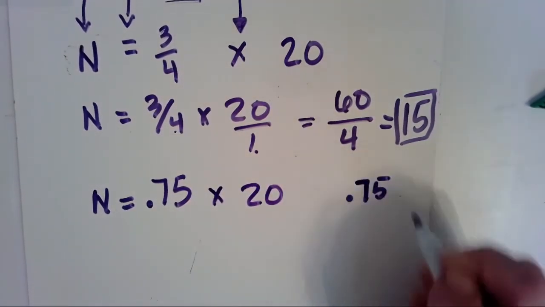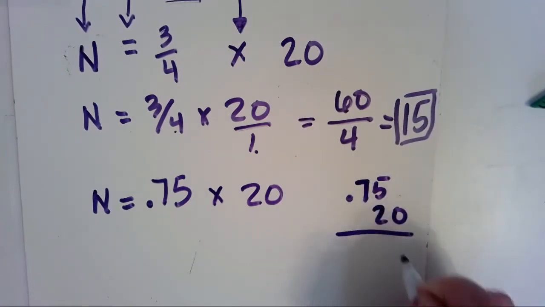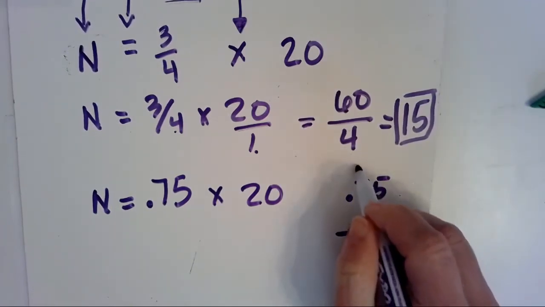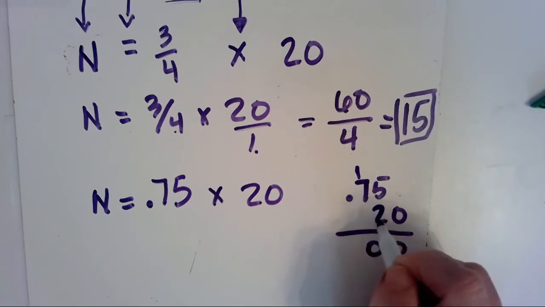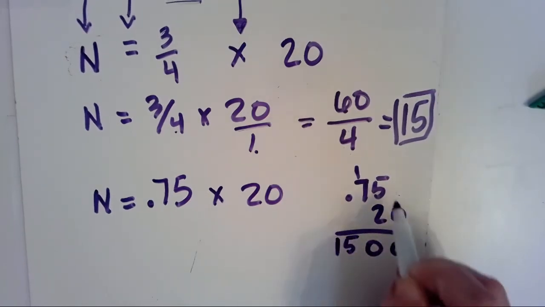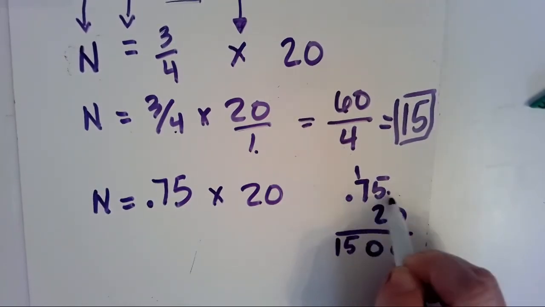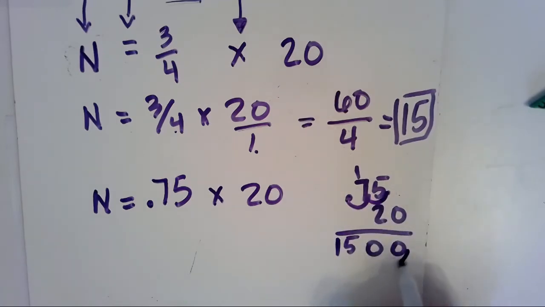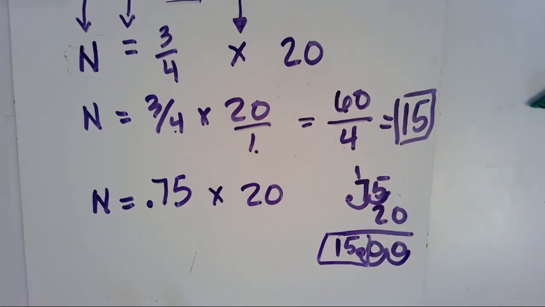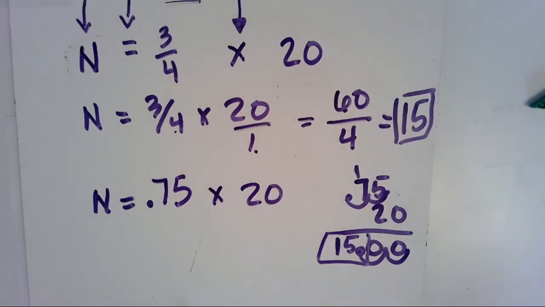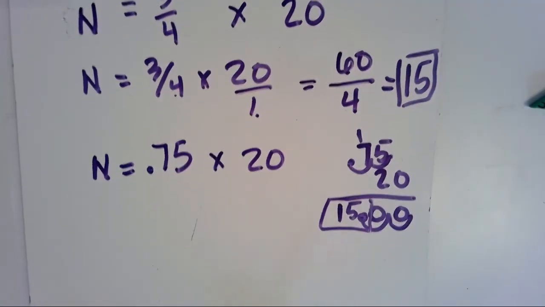Come over here and do the multiplication. 7 times 2 is 14 plus 1 is 15. Figure out my decimal places here. 1, 2. Come down here. 1, 2. You can see that the answer is the same, but I just turned the percentage into a decimal. Let's look at this as a word problem.